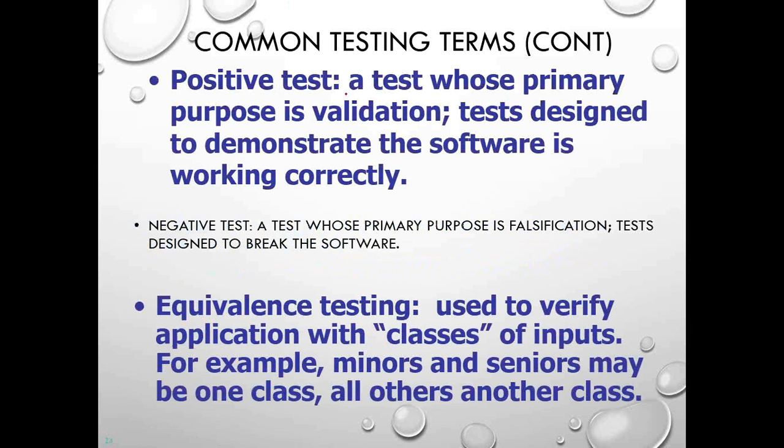Common testing terms. There is something called positive test and then equivalence testing. What is a positive test? A test whose primary purpose is validation. A test designated to demonstrate the software is working correctly. If you recall the example which I gave where the form must accept the email address.